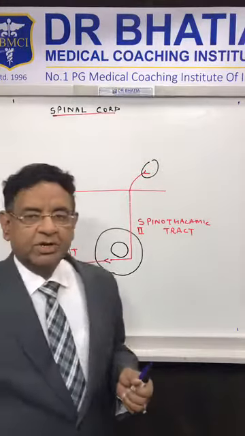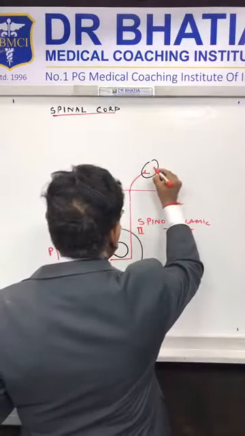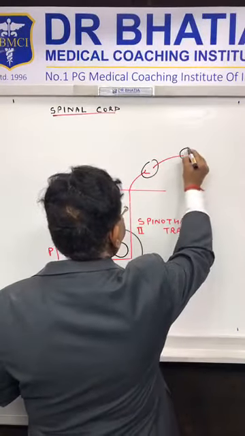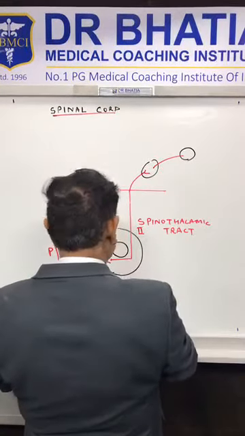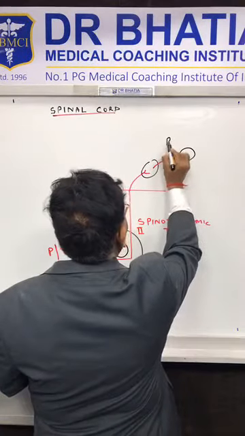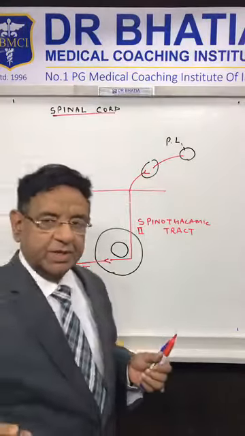So second order neurons relay in the thalamus. The third order neuron goes to the parietal lobe. PL stands for parietal lobe.